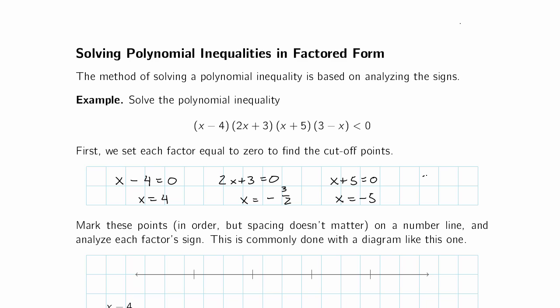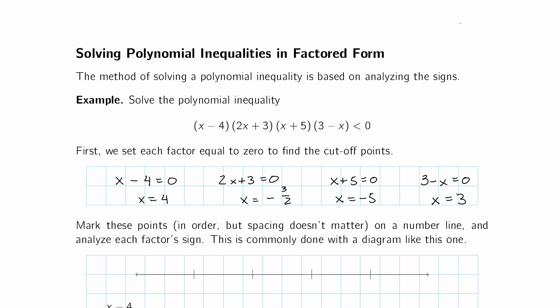Or finally, 3 minus x equals 0. This one's easier to solve intuitively than using the algebra, right? This is true if x equals 3. So those are our cutoff points. Those are where the product is going to equal 0.